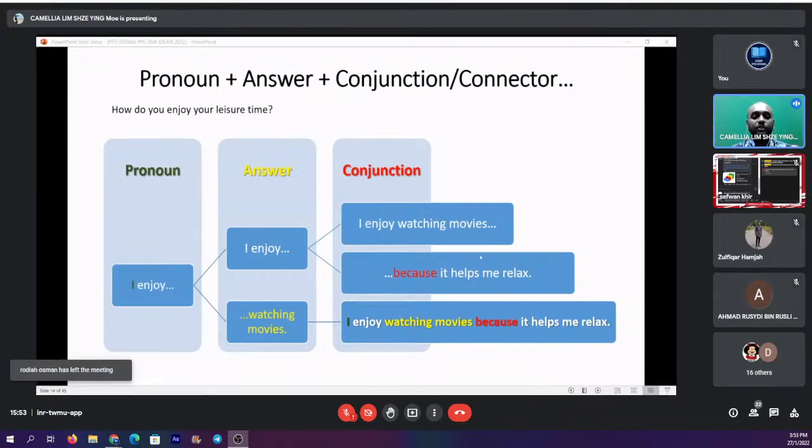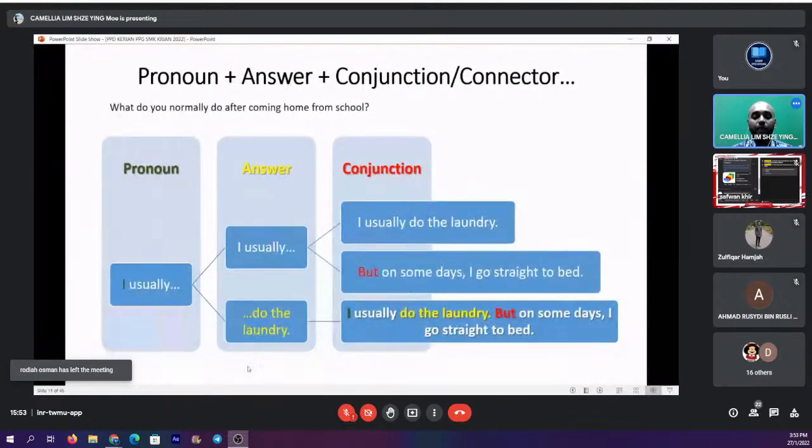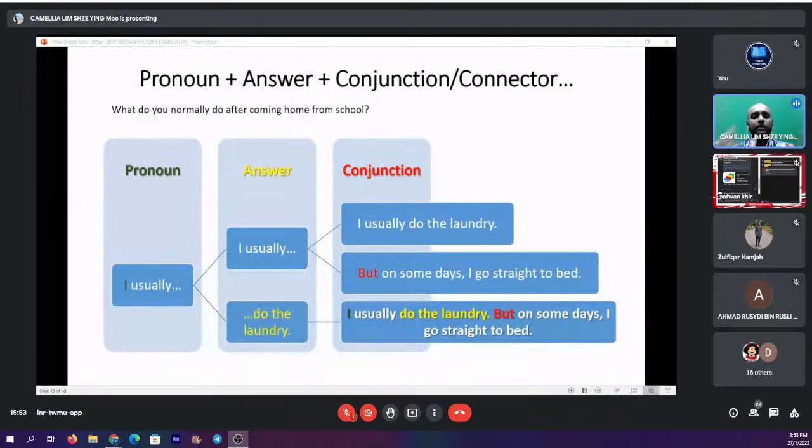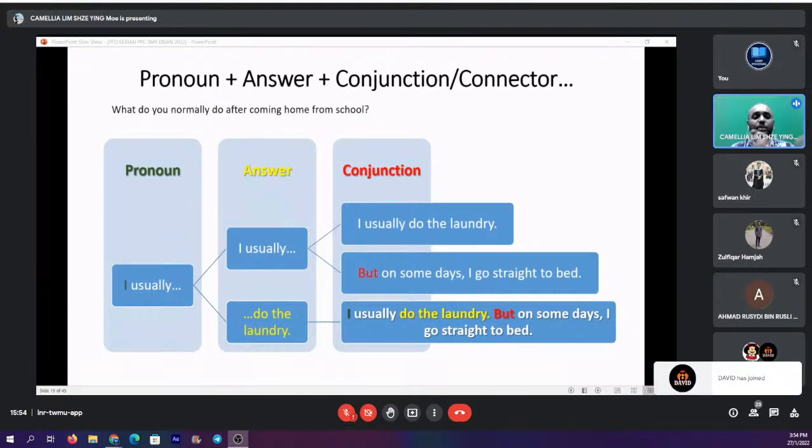Okay, teachers, let's check out one more example. Here, the question is, what do you normally do after coming home from school? Okay, let's see how PAC works here. So as normal, they should start their response with the pronoun I. If they are capable, they might add the adverb usually, but the response still works without it.